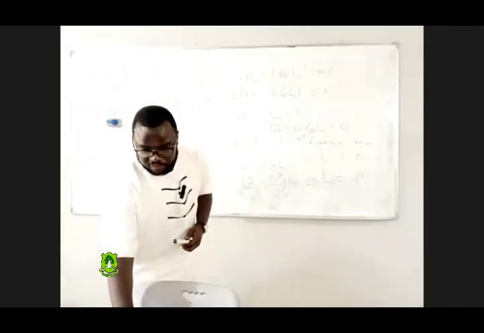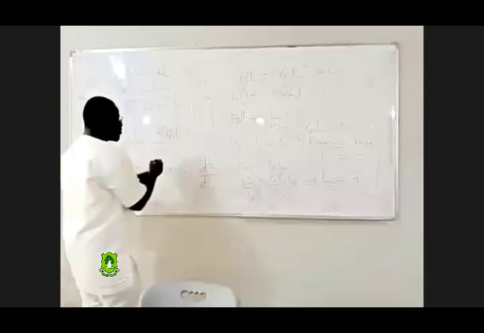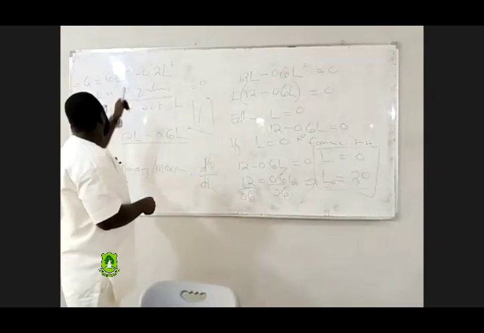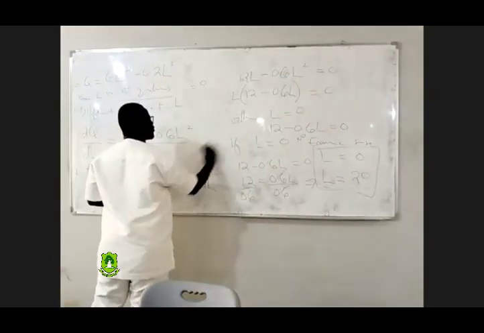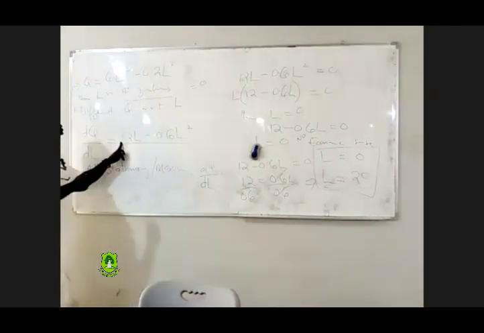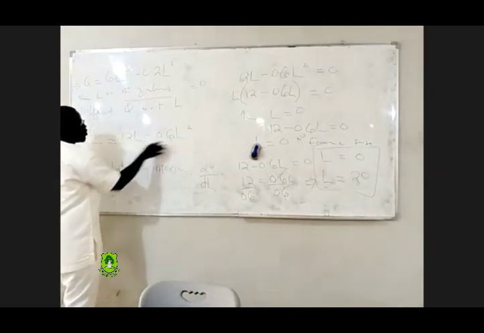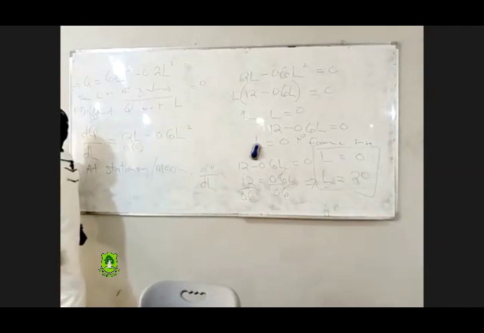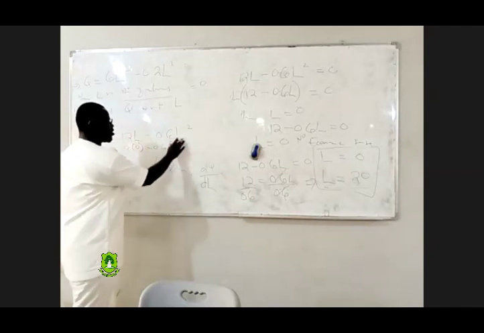But let's look at it. Find the number of workers that maximizes output. Where is our output function? It's this one. Remember the change, we look at it here. If we put L equal to 0 here, then it will be 12 times 0 minus 0.6 times 0 squared.